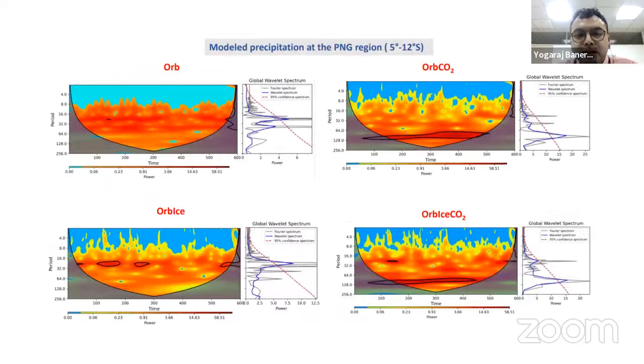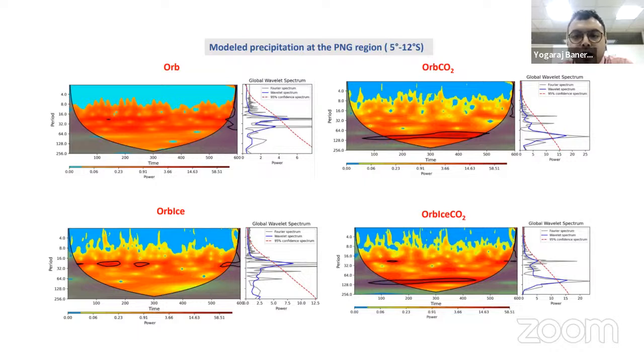So this is the result for the model precipitation of the Papua New Guinea region, and this we have focused for the 5 degrees to 12 degrees south actually. So what we can see here is that for the orbital condition in the Papua New Guinea region, the simulated result shows that for almost all the conditions, like orb CO2, orb ice, and orb ice CO2, we have the precession present here.